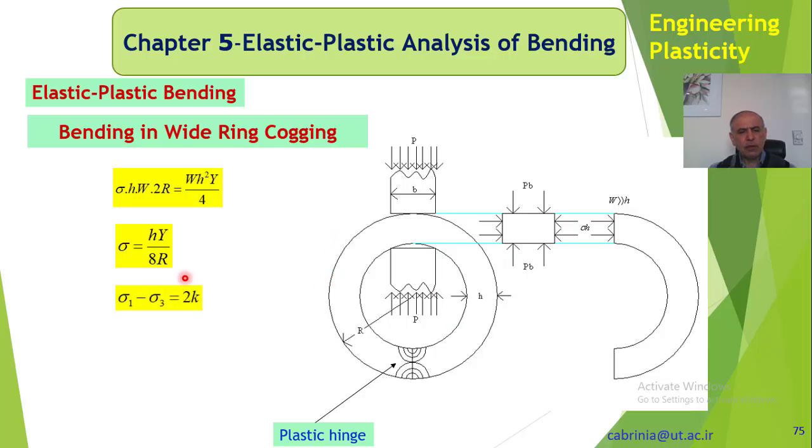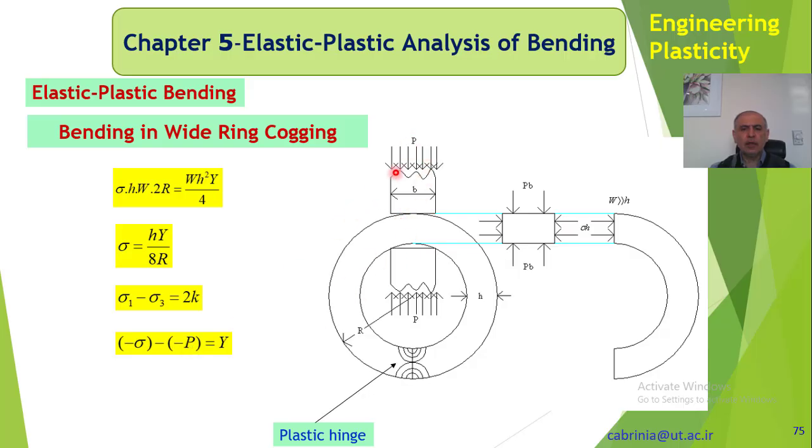And also, if we use the Tresca yield criteria, we could write sigma 1 minus sigma 3, the principal stresses, the biggest and the smallest, is equal to 2k. And here obviously everything is negative, because we are putting pressure on the ring, and that is minus p.